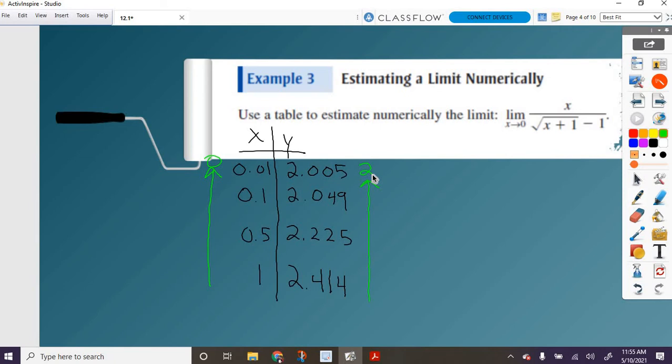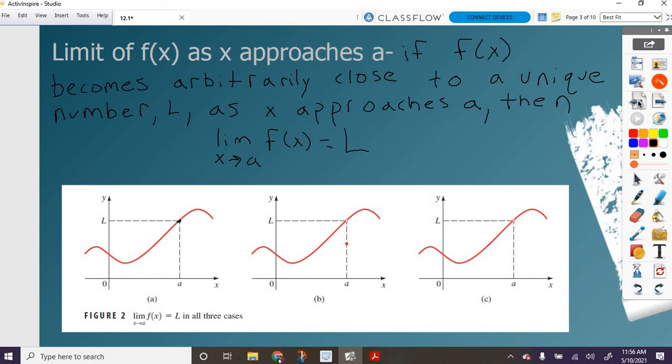Now, there is kind of a catch. Oh, I forgot it here. Let's add this in.